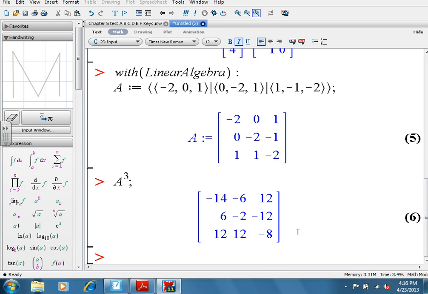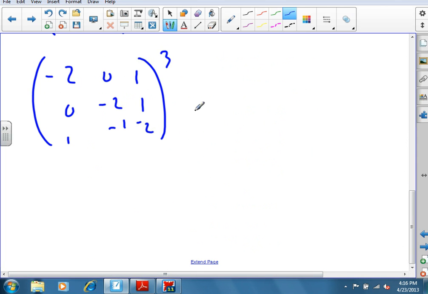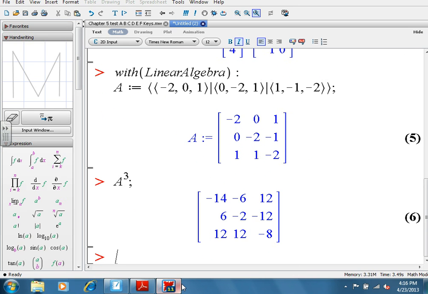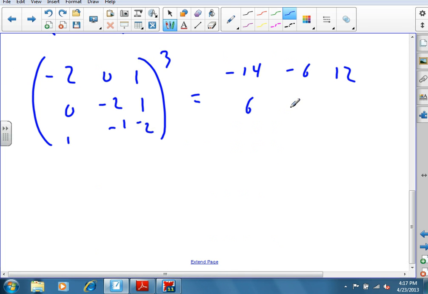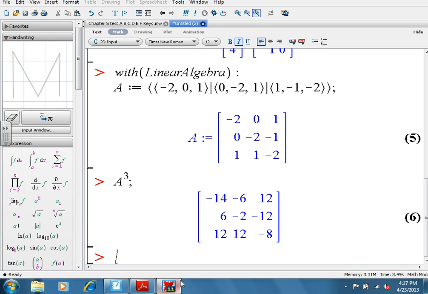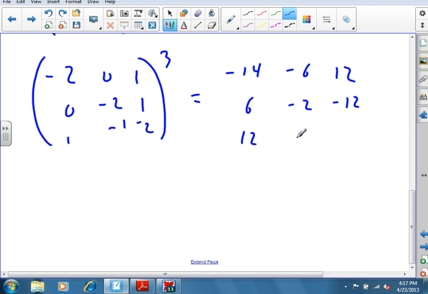All right, so I got minus 14, minus 6, 12. Minus 14, minus 6, 12. 6, minus 2, minus 12. 6, minus 2, minus 12. And 12, 12, minus 8. 12, 12, minus 8.